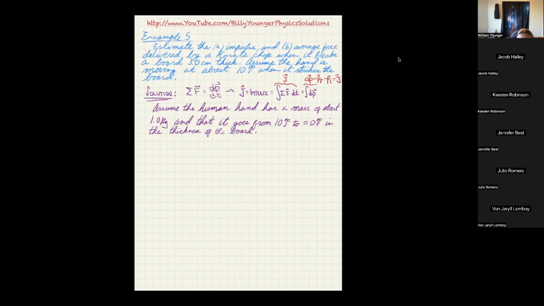Okay. So our board has a thickness I'm going to call delta X, and that's equal to 3.0 centimeters. I know V initial is 10 meters per second, and I know V final is 0 meters per second.